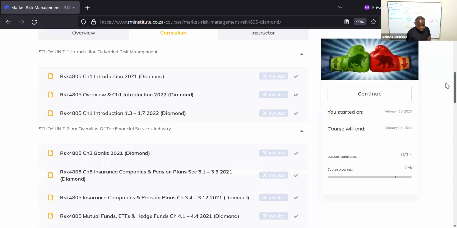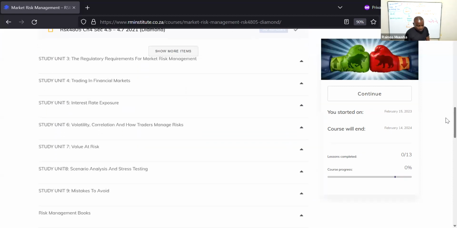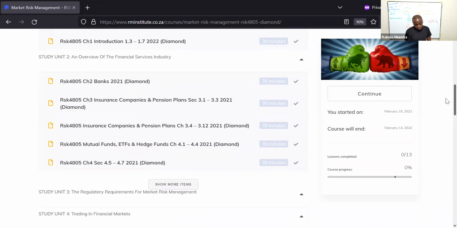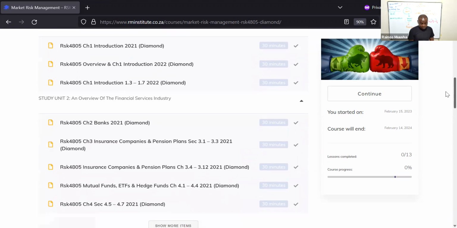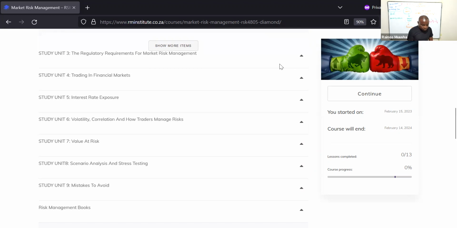You'll see that study unit 3 to 9 are not yet available, because between now and sometime in April, we will be covering study unit 1 and study unit 2. So for that, we are giving you that access, and in the future, we will also be giving you access to study unit 3 to 9.